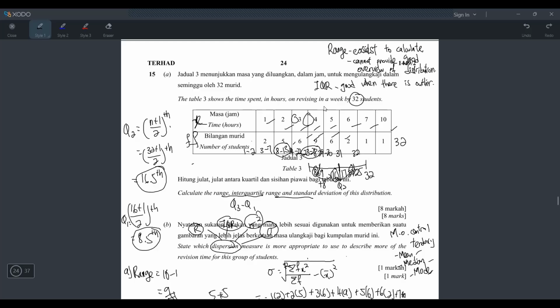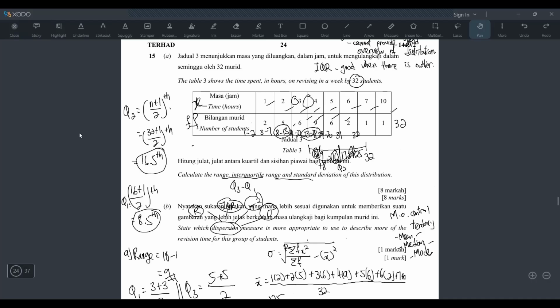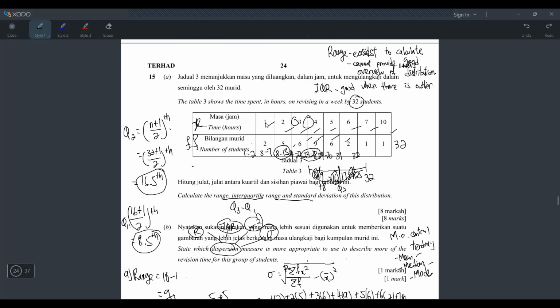And then what about variance and standard deviation? We use them only when we want to compare two sets of data, and there are no two data sets to compare here. So the best answer here is interquartile range. If you look at this data, the revision of 1 hour has 2 students, and so on.